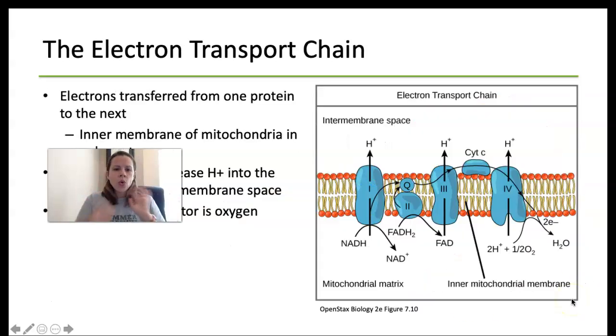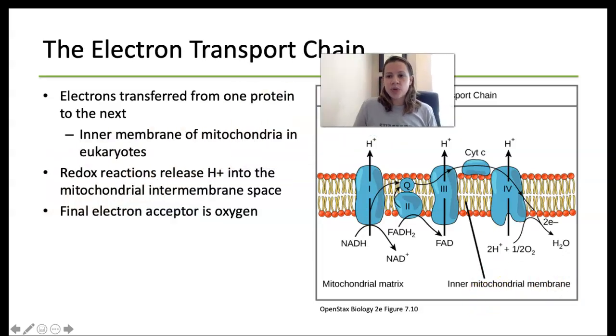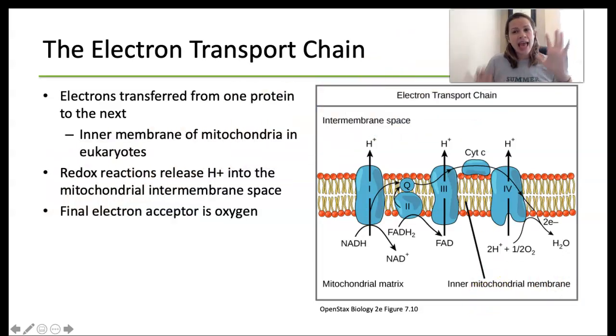All right, so this electron transport chain is the first half of oxidative phosphorylation. We can break it up into two processes: the electron transport chain, and then the next one is called chemiosmosis. The main idea of the electron transport chain is that it transfers electrons along a series of integral membrane proteins.